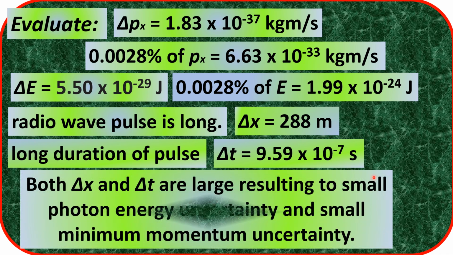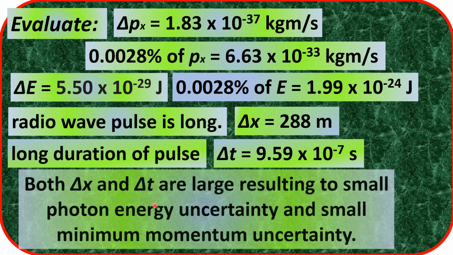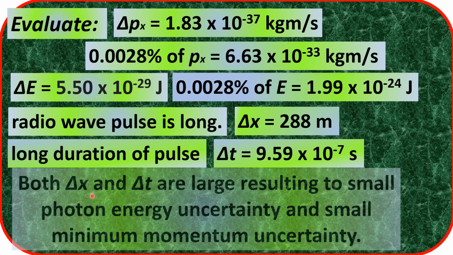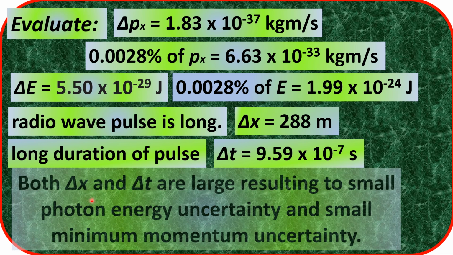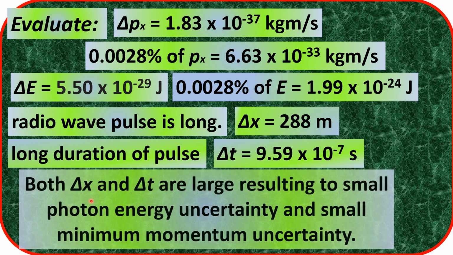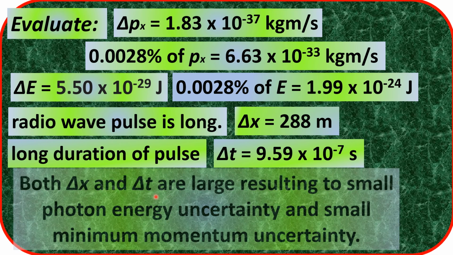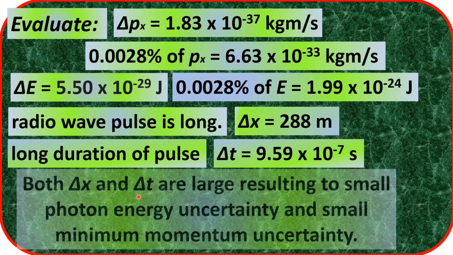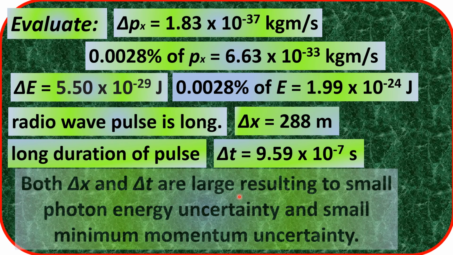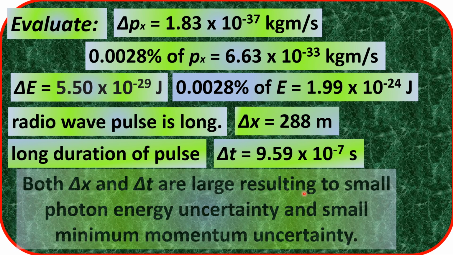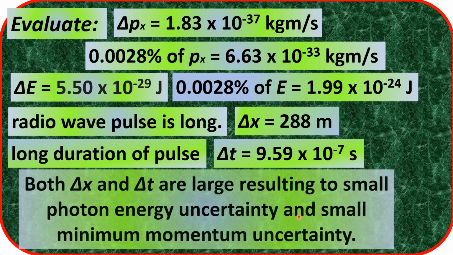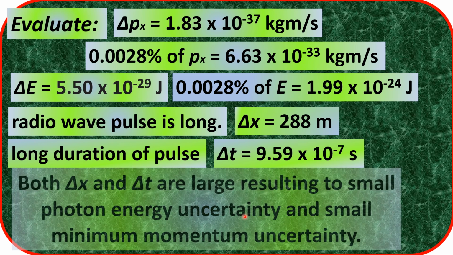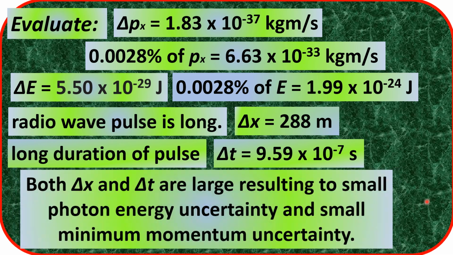So, we can conclude that since both delta x and delta t, all right, the position uncertainty and the delta t are relatively large, resulting to small photon energy uncertainty and small minimum momentum uncertainty.